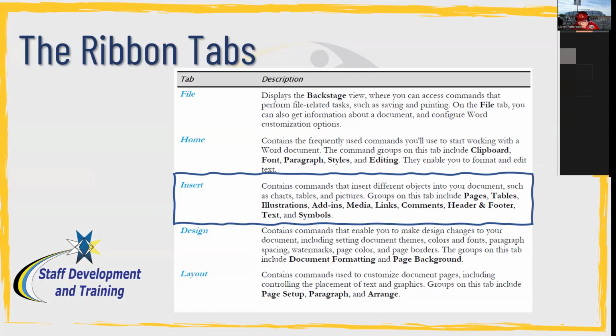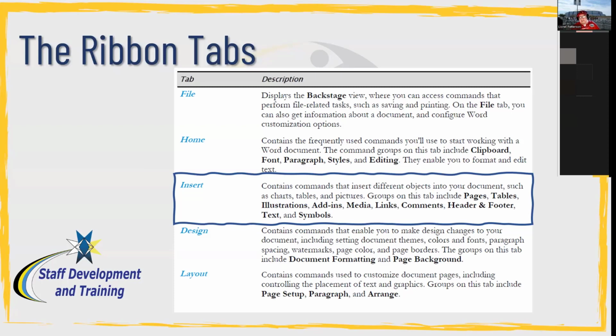So if there's something you need to configure, like your options or information of properties, for an example, you can venture towards your file tab. Or if you need to save as, open, or select a new document, whether it's a blank document or taking a look at the variety of templates Word has to offer, you can venture into your file tab. You can also go to your print options as well.